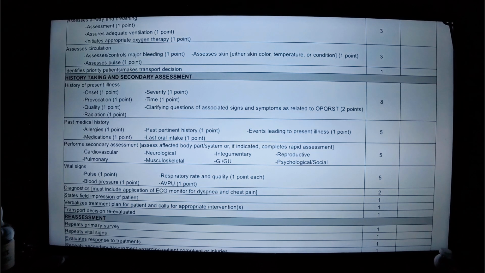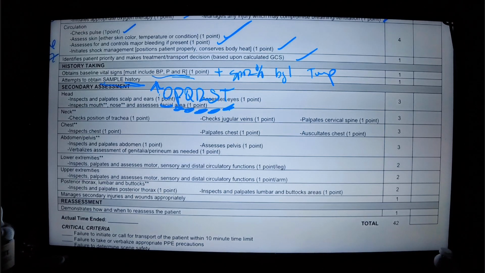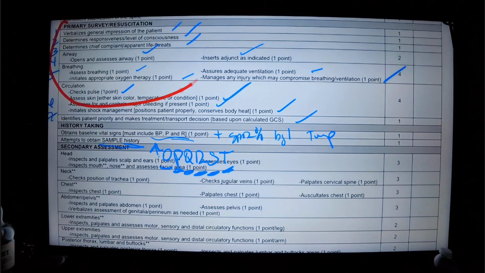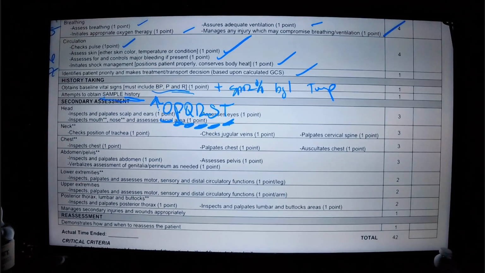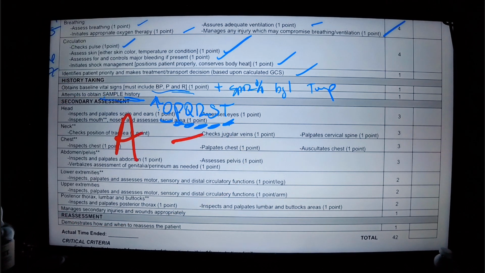So anyways, let me go back just to finish this since we're already here. OPQRST. Now let's make a note. After primary assessment, it must be in order. The rest does not have to be in order. It just needs to be done at any point from A to B. All right?